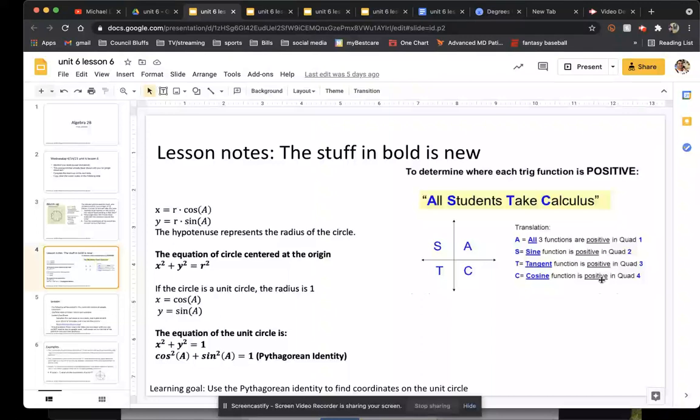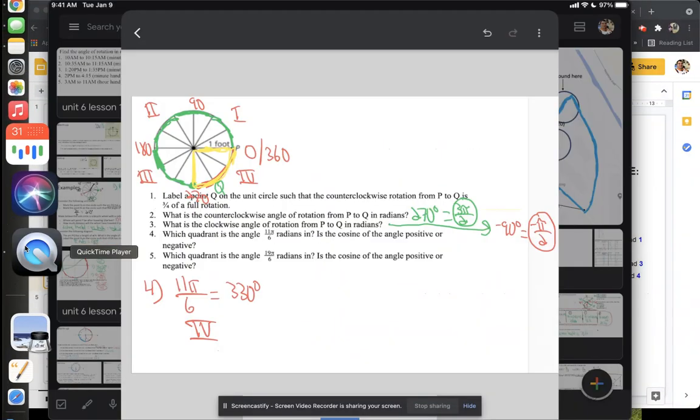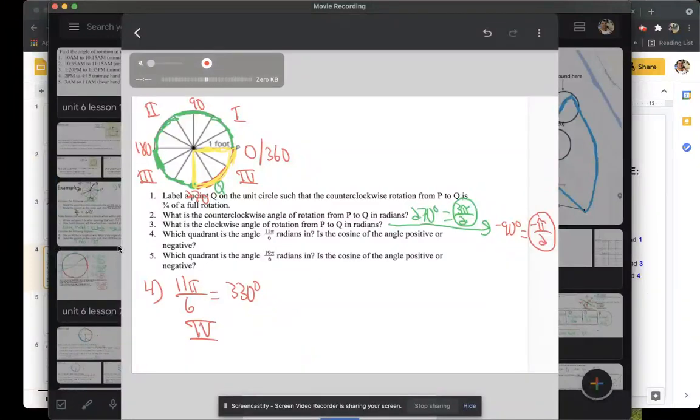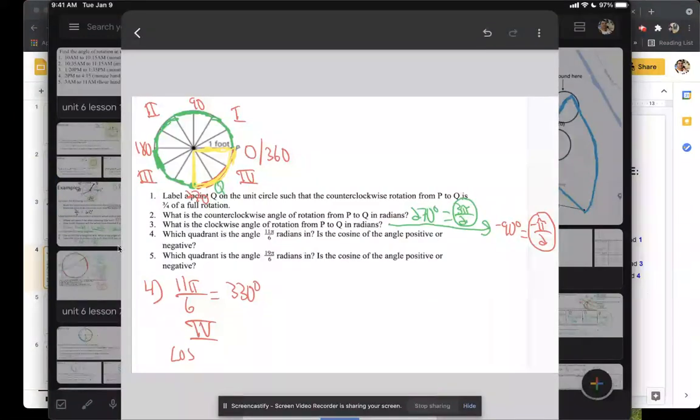Everything else, sine and tangent, are negative. So cosine is positive. Those are your answers to number 4.